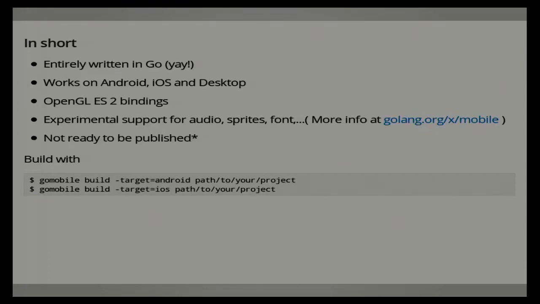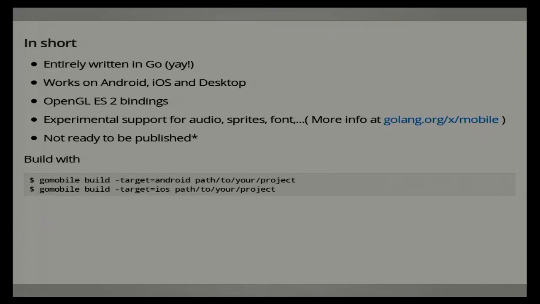There is experimental support for audio, sprites, and fonts, because everything has to be done in Go, from drawing the screen to taking the input of the keyboard or whatever.